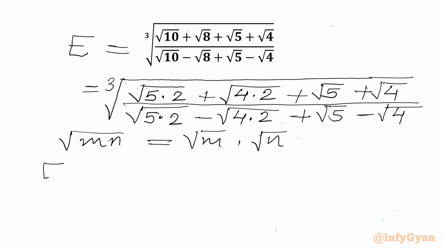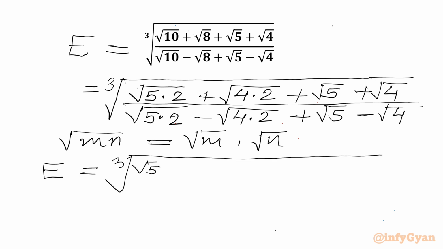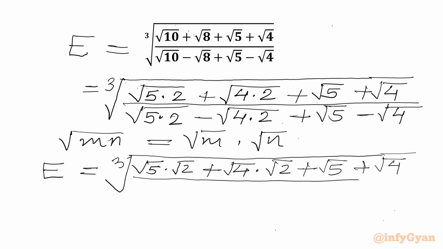So I can write expression E equal to the cube root of root 5 times root 2 plus root 4 times root 2 plus root 5 plus root 4, over root 5 times root 2 minus root 4 times root 2 plus root 5 minus root 4.